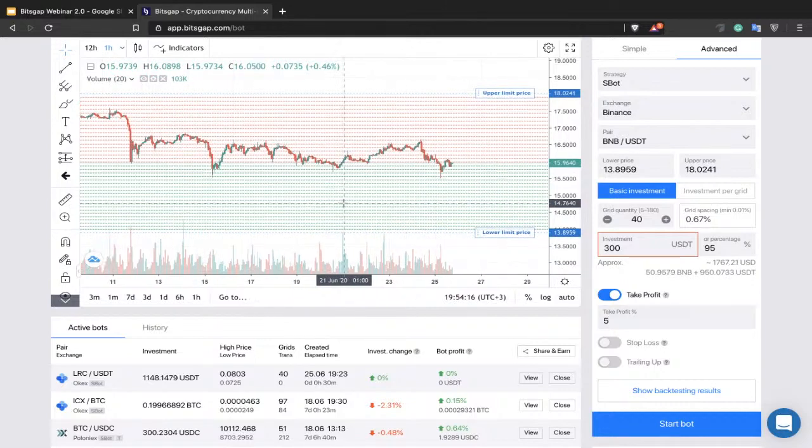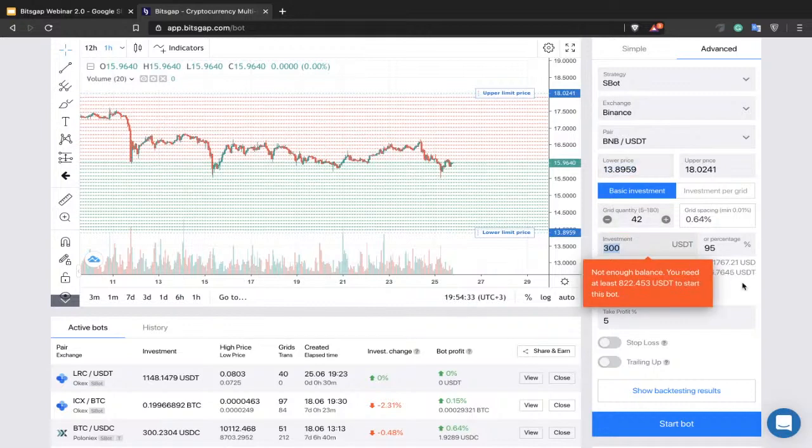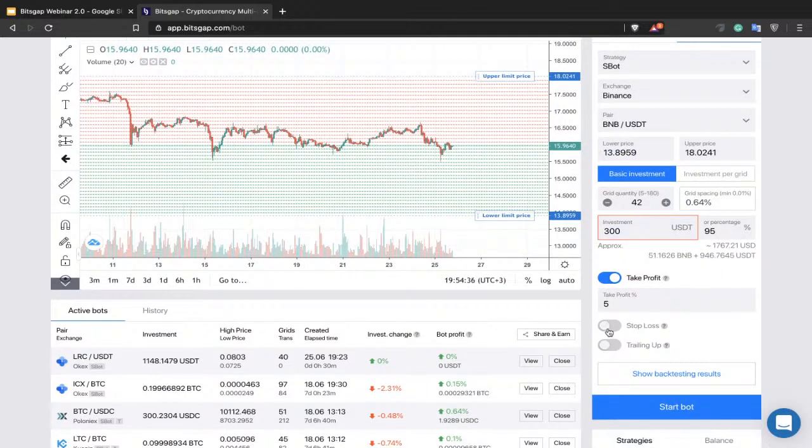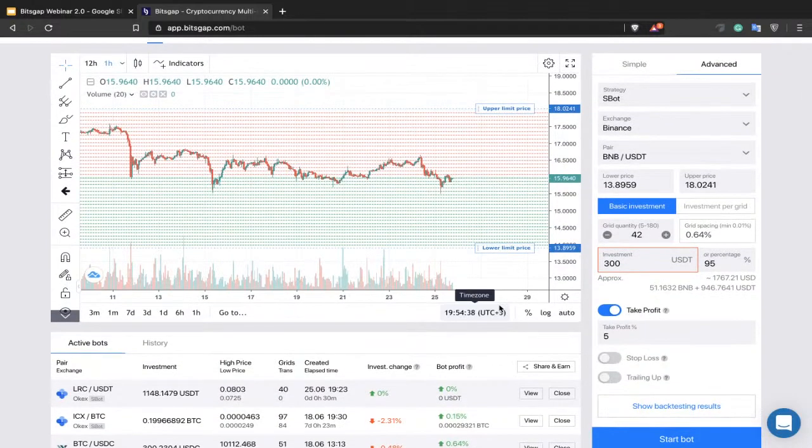So basically that's almost a passive strategy for you. As soon as you have all of the settings set, as soon as you have configured the bot, you have your trading range defined, you have grid quantity, you have investment allocated, all features that you want to have on, that's it for you. So that's all of your job.